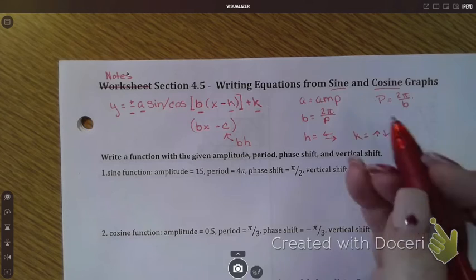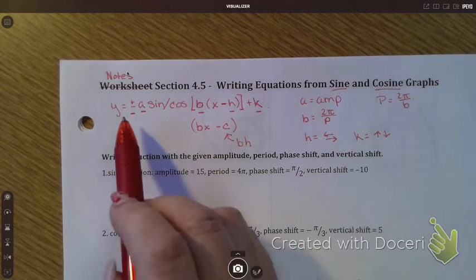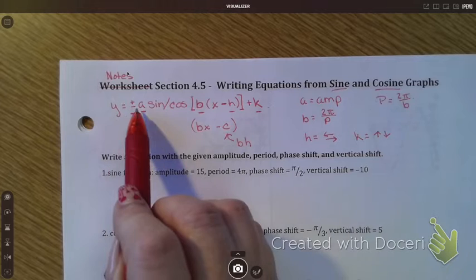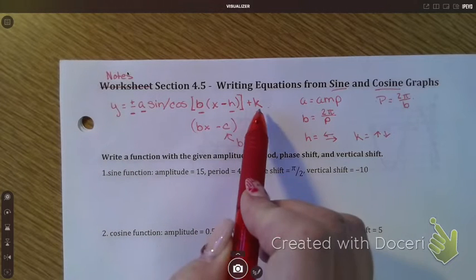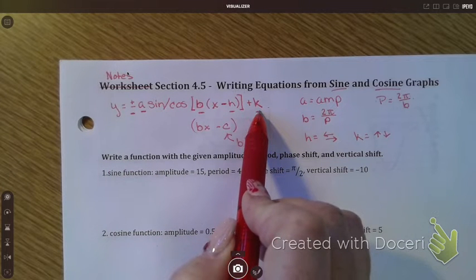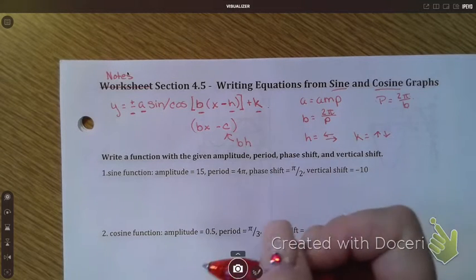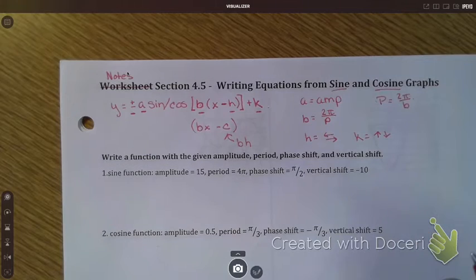So we are going to identify all these parts: if it's reflected, A, B, H, and K. And we are going to be writing both sine and cosine curves for every single graph I give you. It isn't double the work because there are certain things that are the same and things that change, and we'll be discussing that.